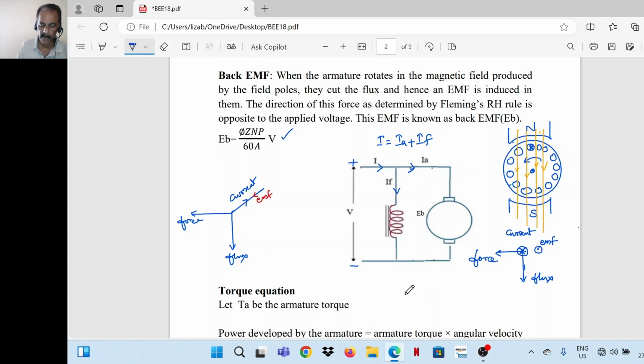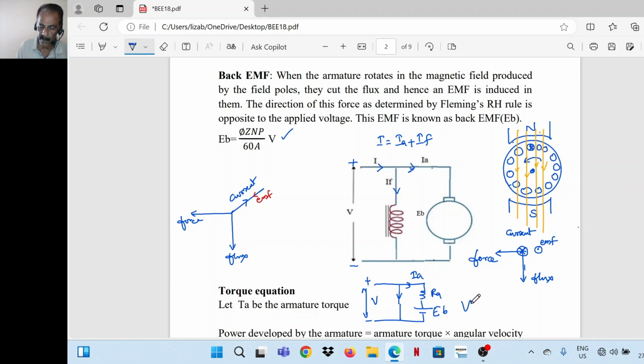And also from the equivalent diagram which I have drawn here, this is field, this is armature, RA, this is back EMF, EB, this is V. So this current is IA. The voltage drop in this resistance is IA RA.